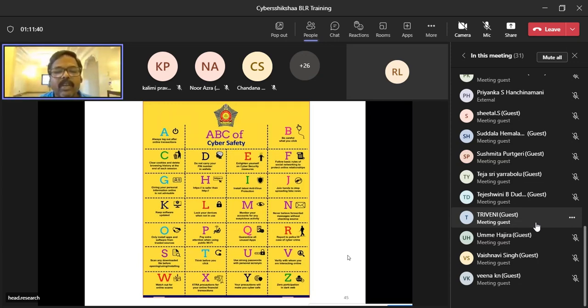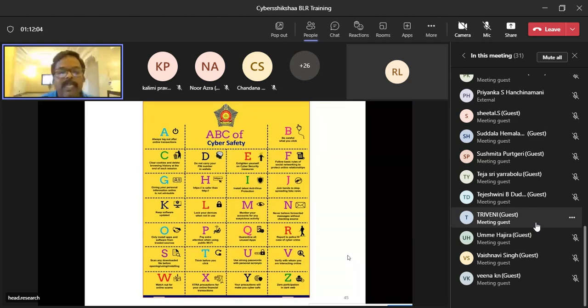L stands for lock your devices when not in use. M stands for monitor your accounts for any suspicious activity. And N stands for never believe forwarded messages without checking the source. And O stands for only install apps and software from trusted sources.